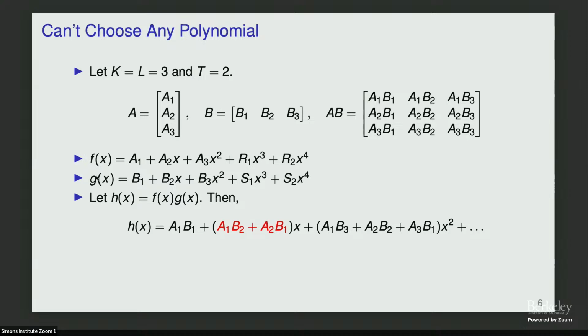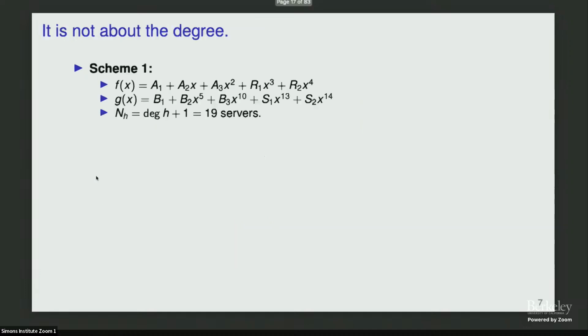And you can see here that if you retrieve the H polynomial, you will retrieve A1, B1, but you're not going to retrieve A1, B2 because there's going to be some noise from another term that sort of got mixed up with it. So you can't just be lazy about it. You got to do some level of design.